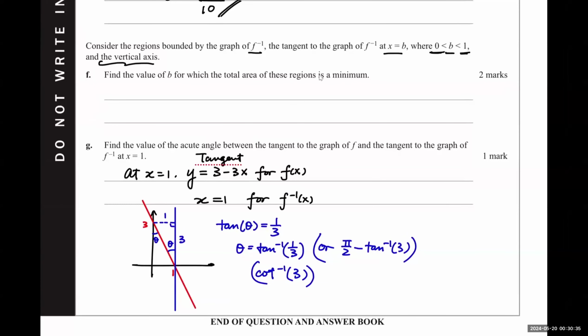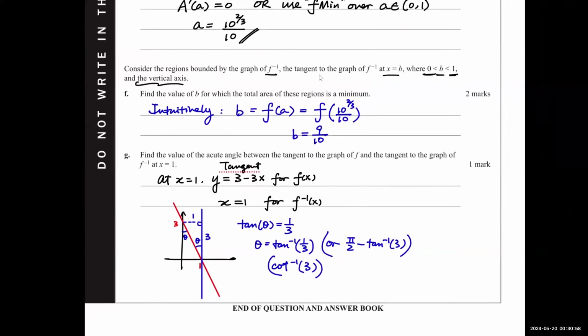Okay, so for part F, intuitively, b equals f of a, and the a value was the one giving me the minimum area, 10 to the power 2/3 divided by 10. And b equals 9/10, okay?